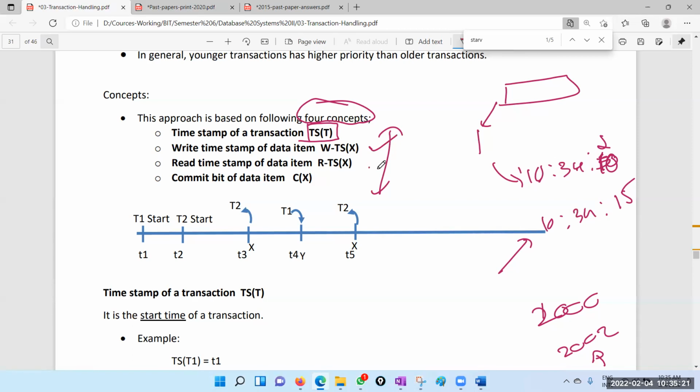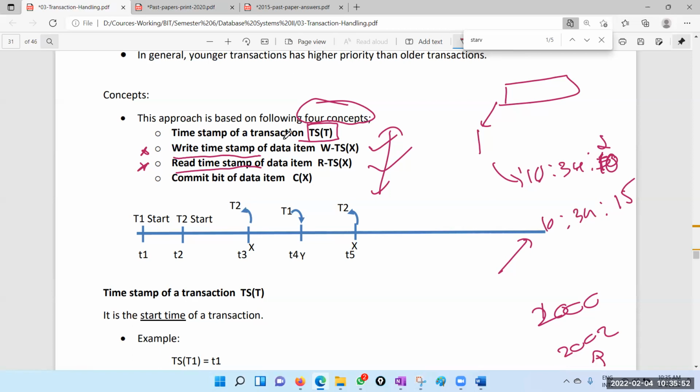Every data item has 2 timestamps, just like every data record has 2 locks, read lock and write lock, or shared lock and exclusive lock. Every data item has a write timestamp and a read timestamp. This is the tricky one. What is this write timestamp and what is this read timestamp?